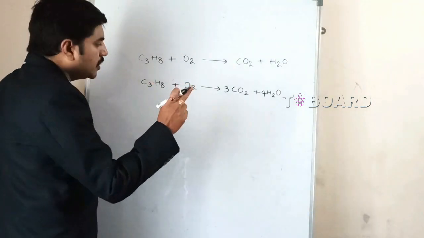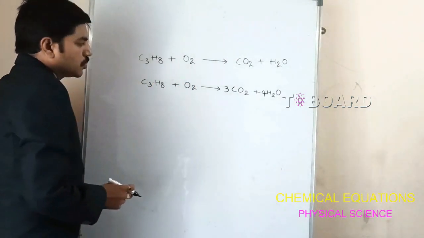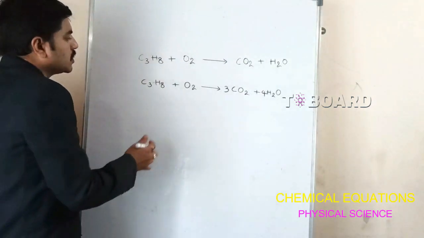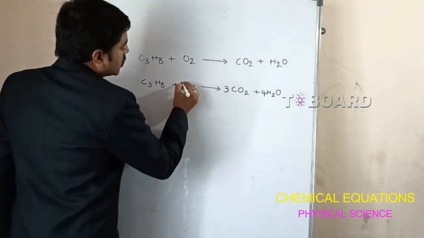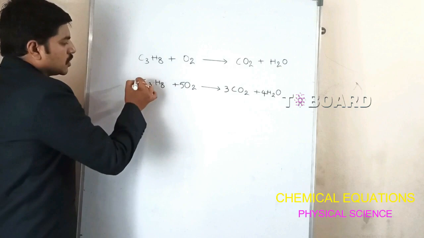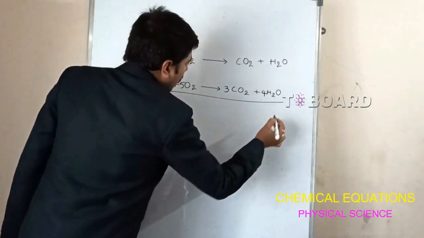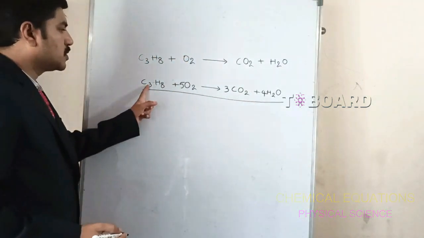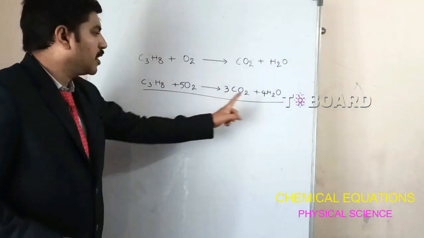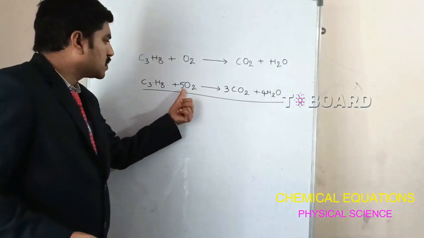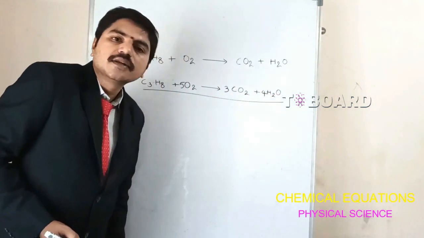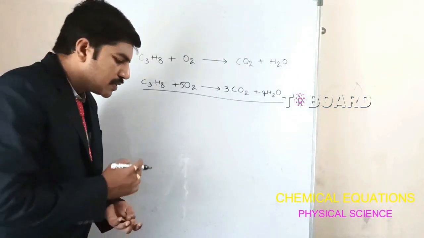To balance the equation, 5 twos are 10. So that's why I am going to keep 5. This is the balanced equation. See that there are 3 carbons, 8 hydrogens, and 10 oxygens on both the left and right sides. This is a balanced equation.